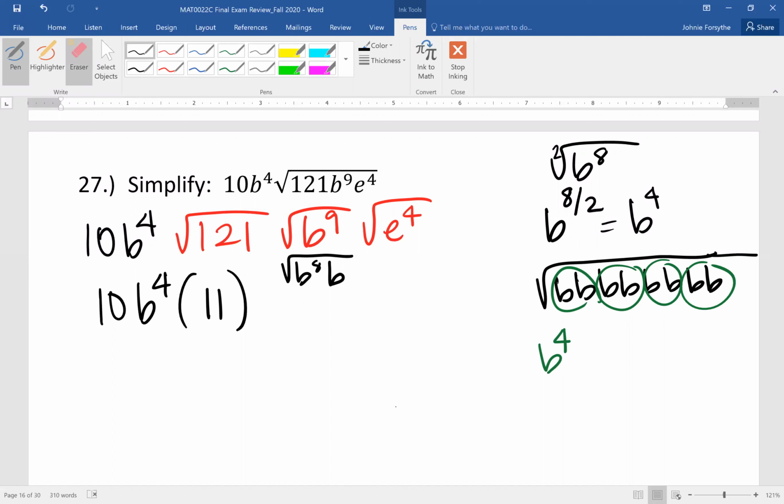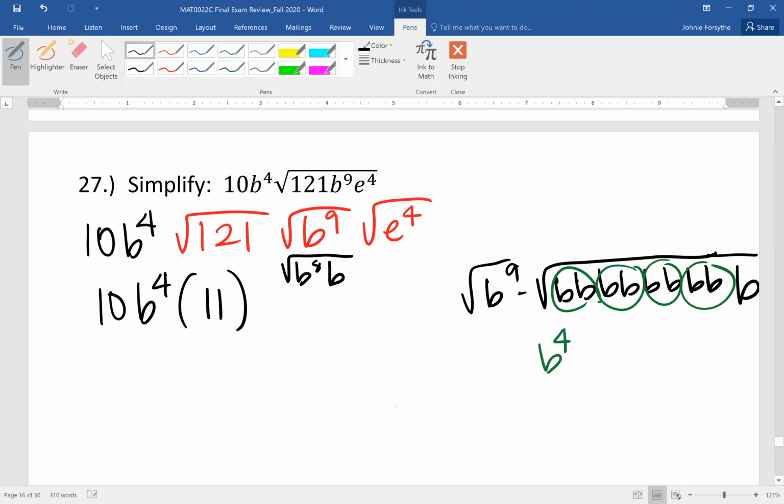Then I would have one more b in there. Now, again, looking for pairs, it's a square root. So I have 4 pairs of b, so that gives me b to the 4th, but I still have a b remaining. So that stays under the radical.